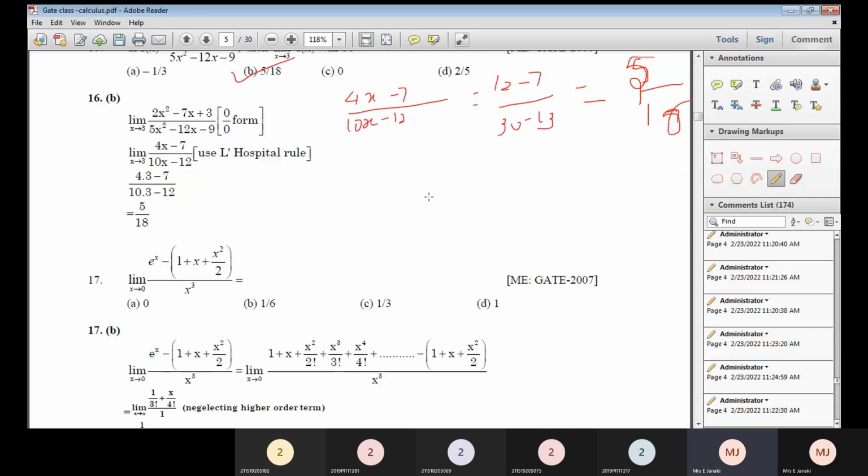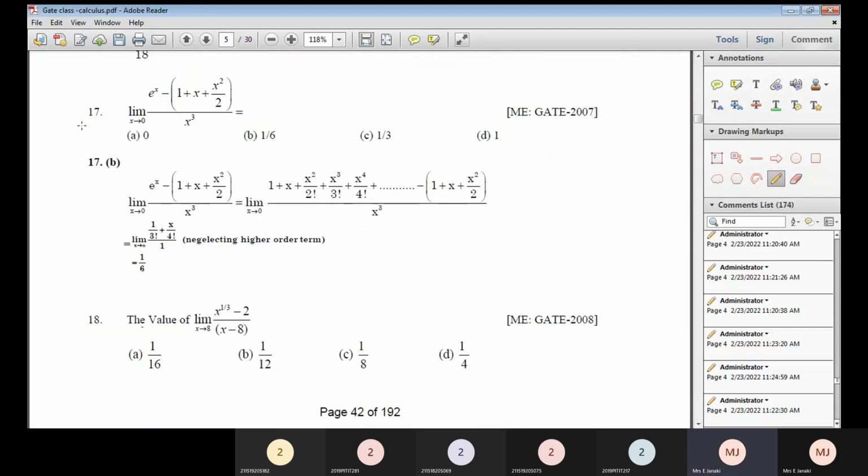Then next, see this. Limit x tends to 0, e power x minus 1 minus x plus x square by 2, divided by x cube.